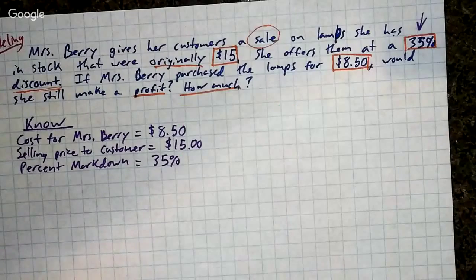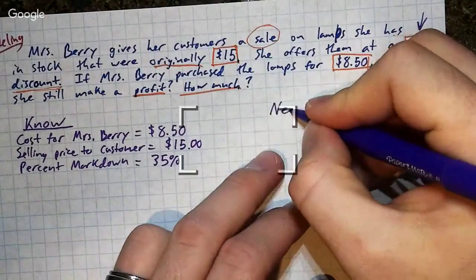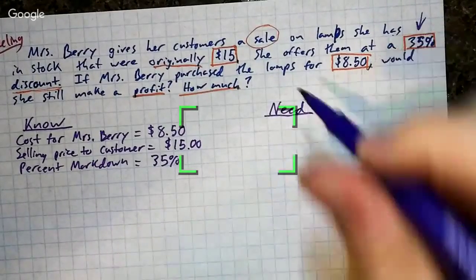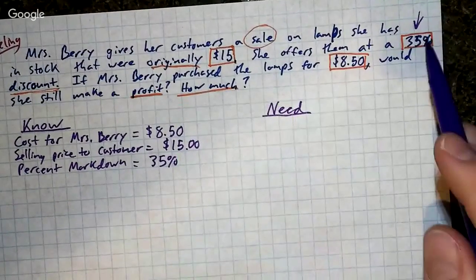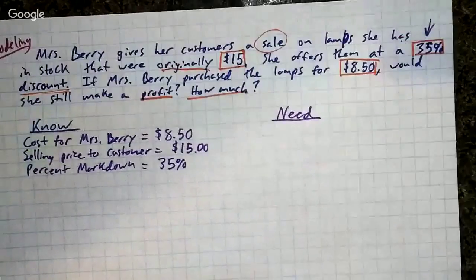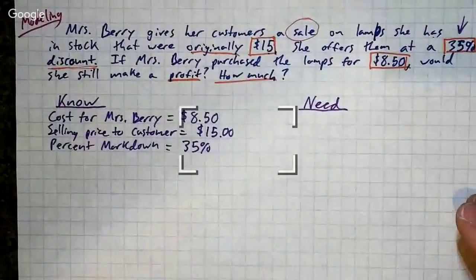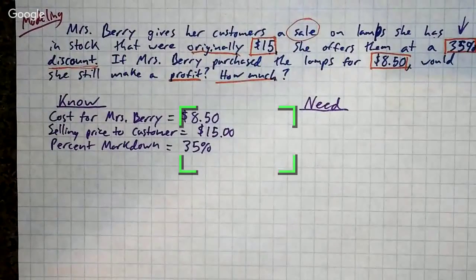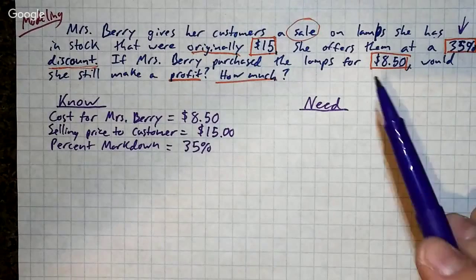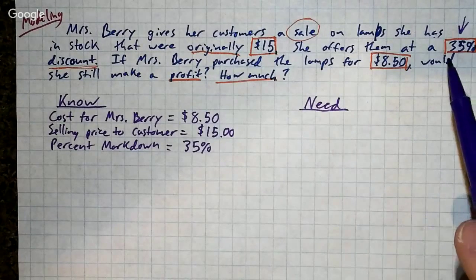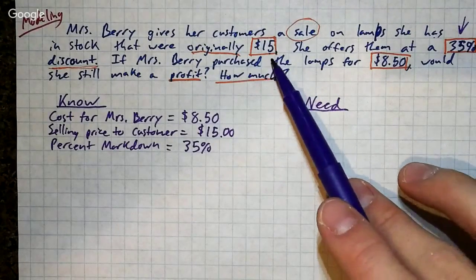All right. Now, we also want to know, what do we need? We have the numbers we know, this and this. What do we need to solve this problem? Well, we don't know what the sale price is. She was selling them for $15.